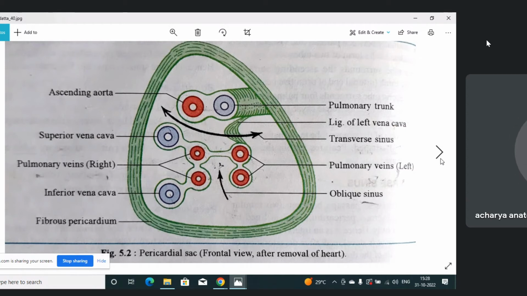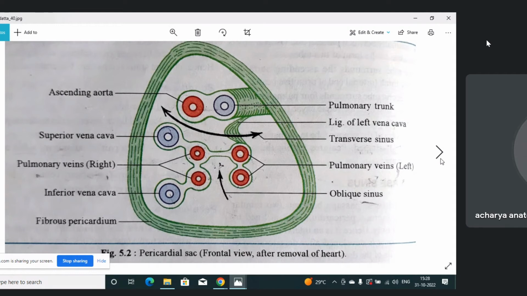Next, above, bifurcation of pulmonary trunk.